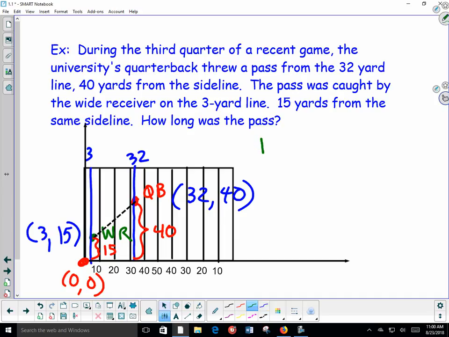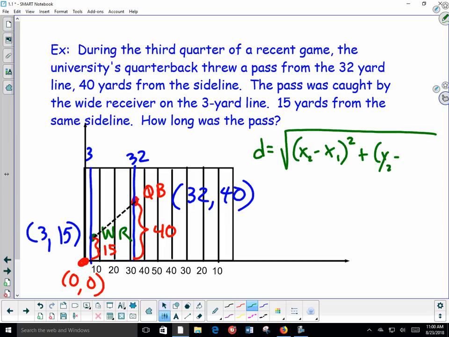Let's remind ourselves what the distance formula is. It is the square root of (x2 minus x1) squared plus (y2 minus y1) squared. And in this case, it doesn't matter which one we call which, I'll call this one (x1, y1), and I'll call this one (x2, y2).